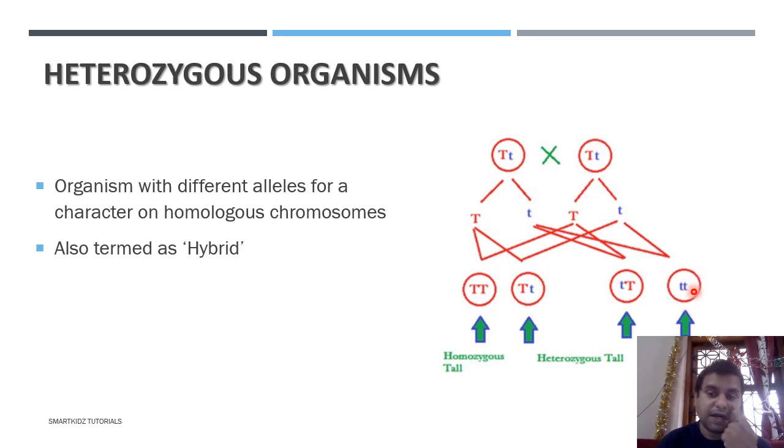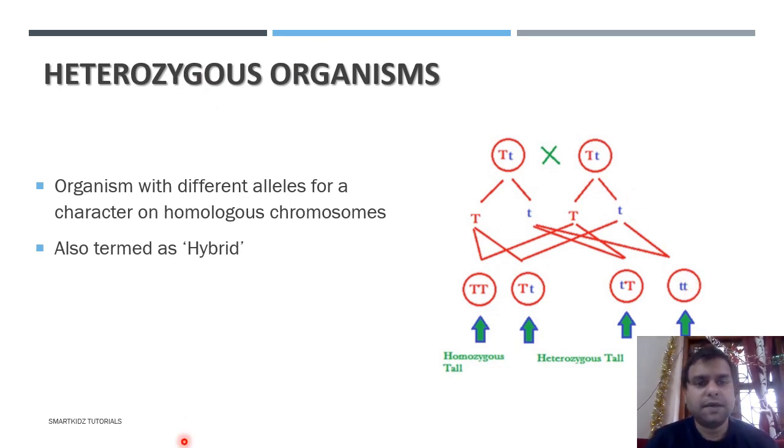And such a plant is a short plant or a dwarf plant. Heterozygous organisms are also referred to as hybrid organisms. See over here the examples that are given for the alleles: capital T, small t, and small t, capital T.